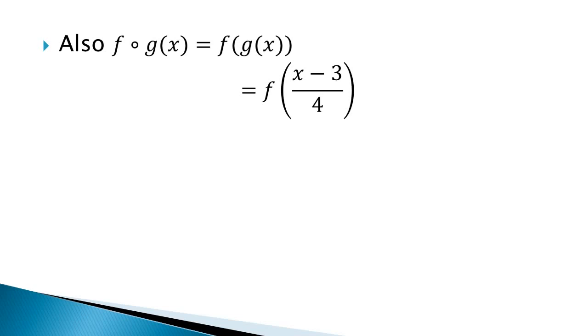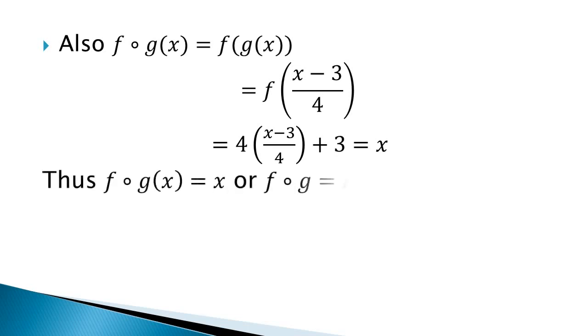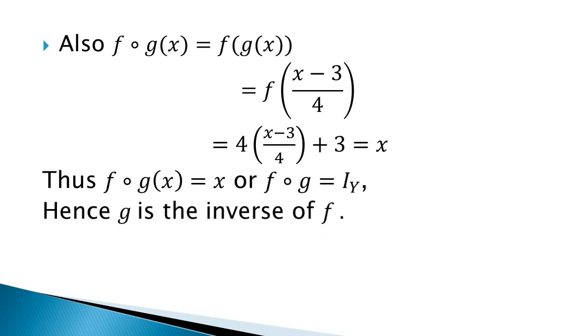Following the rule of f, we get 4 times y minus 3 by 4 plus 3, and upon calculation it also gives us y. Thus f of z is the identity function. For both cases, z of f and f of z come out to be the identity functions. Hence z must be the inverse of f.